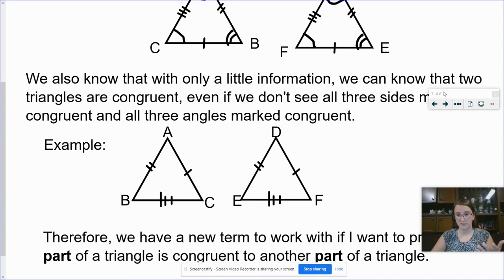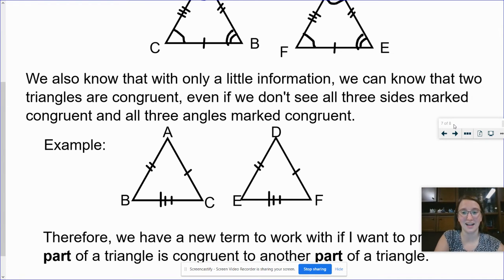This is enough to say that these two triangles are congruent. And what's this congruency postulate? Side, side, side. Because I have that postulate, I can know that the angles are also congruent, even though they aren't marked.